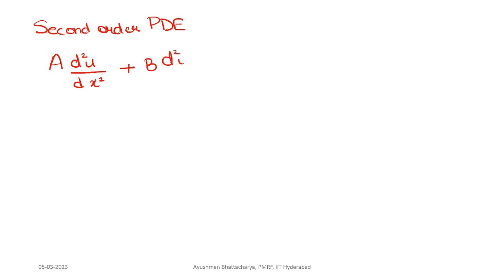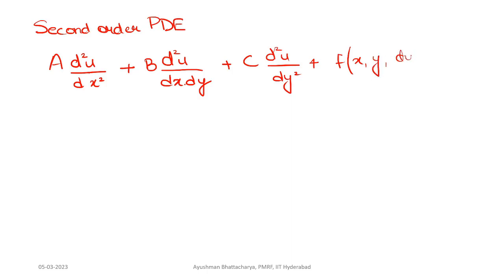So second order PDE can be represented as A d square u by dx square plus B d square u by dx dy plus C d square u by dy square plus a function of x, y, du by dx, du by dy is equal to 0.